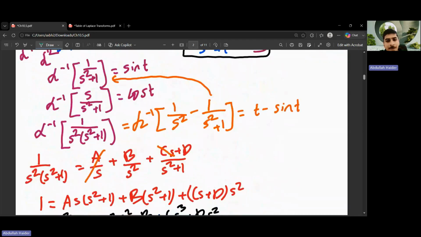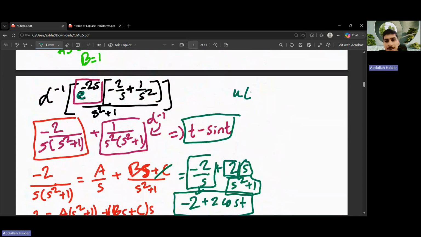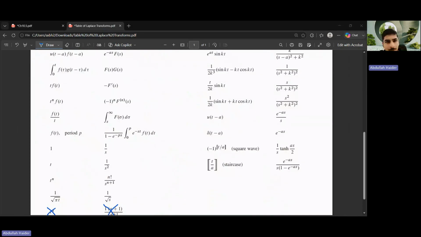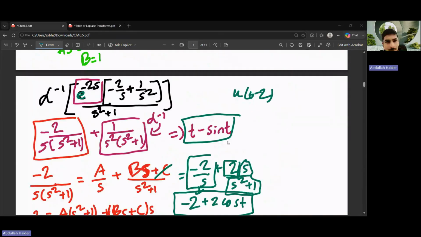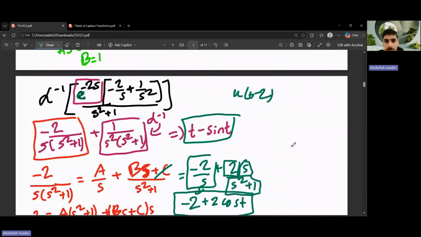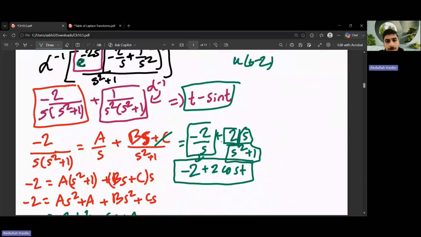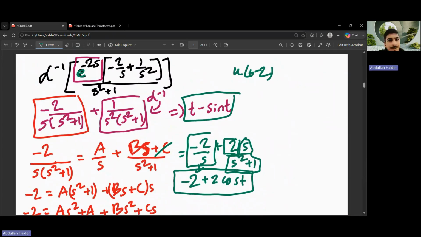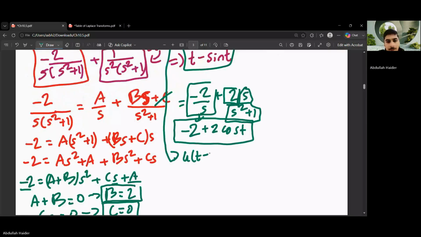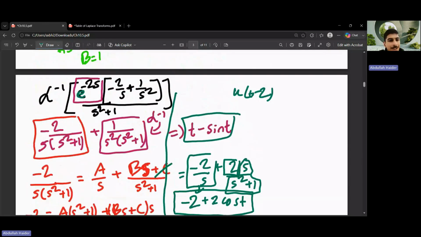So we need to apply the u of t minus 2 transformation on the answer, meaning wherever I have t, I replace it with t minus 2. You need to say this because basically your a is 2. You can even look at your exponent: a is 2.